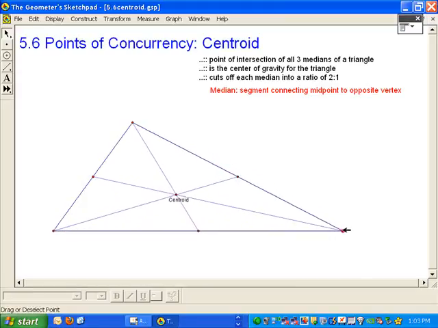Okay, the other unique thing about the centroid is it cuts off each median into a ratio of 2 to 1.